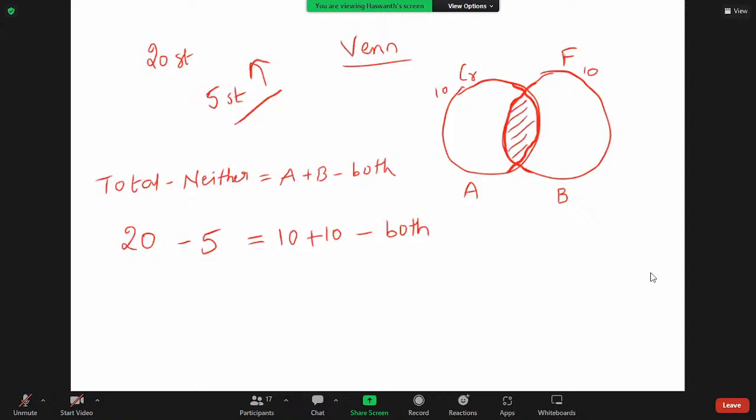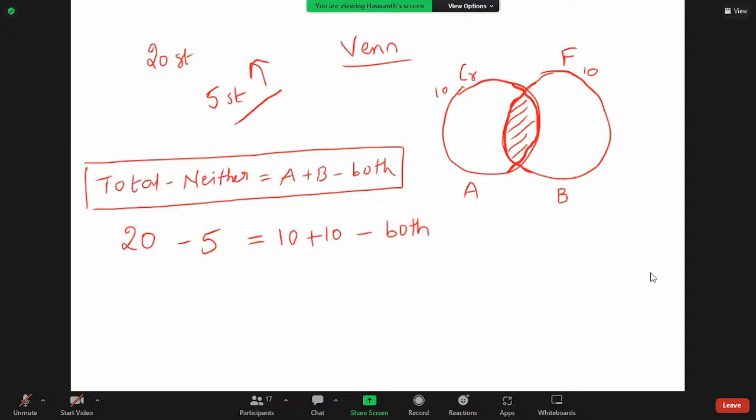So this is one way to solve problems in Venn diagrams using this formula. Total minus neither is equal to A plus B minus both. Total is the total number of items or persons present. Neither is not included in set A nor included in set B, in this case students who play neither cricket nor football.